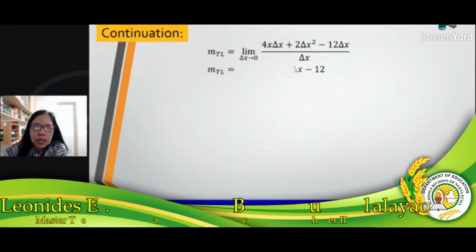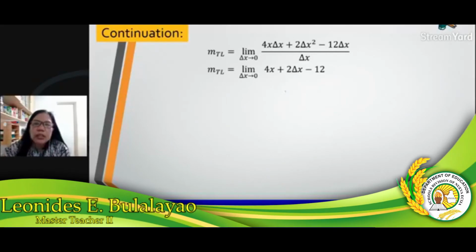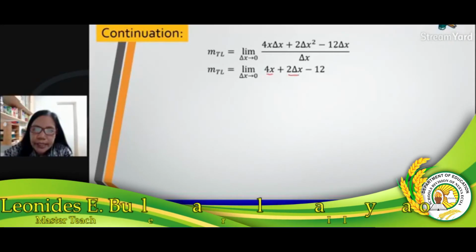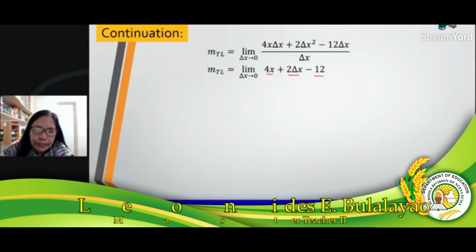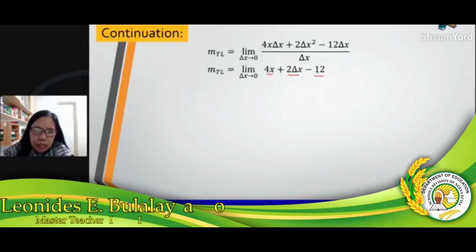So we have to divide this by delta x, so it becomes 4x, and this 2 delta x, and then this is negative 12, since we divide the three terms by delta x. And if we get the limit of 4x plus 2 delta x minus 12 as delta x approaches 0, the delta x term becomes 0.